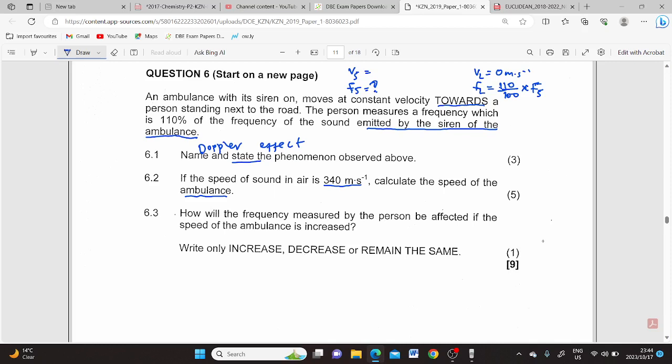So of course, let's see what we can have. The frequency of the source will be the frequency of the source. Our formula says the frequency of the listener equals v plus or minus the velocity of the listener, over v plus or minus the velocity of the source, multiplied by the frequency of the source.